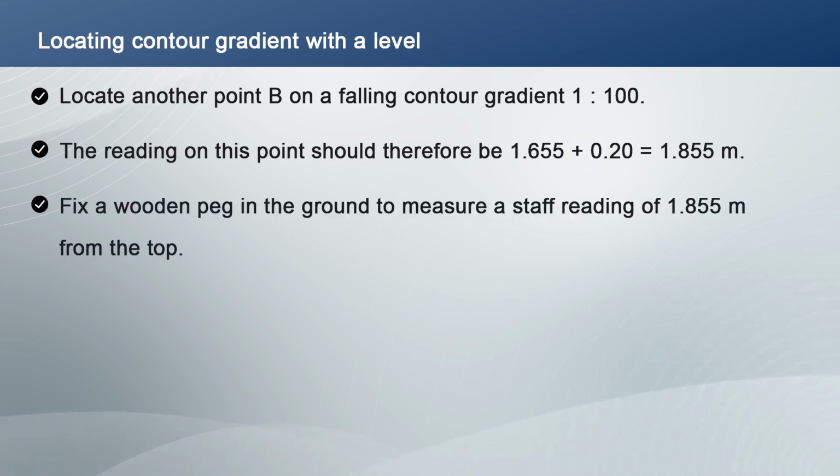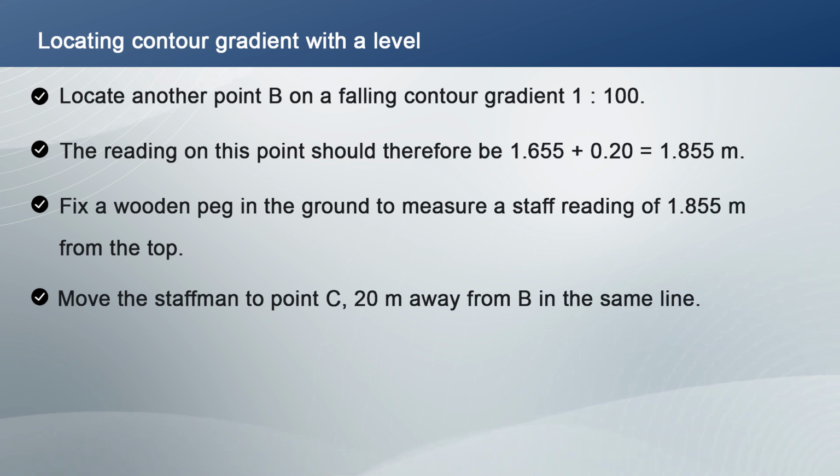Fix a wooden peg into the ground such that the reading on the staff when held on the top of the peg is 1.855 meter. The top of the wooden peg is on the contour gradient. The staffman is again directed to move to a point C, 20 meter away from B and in the same straight line.